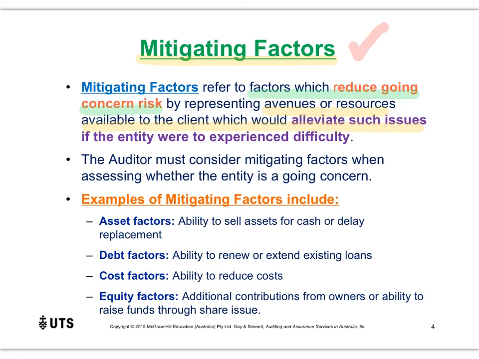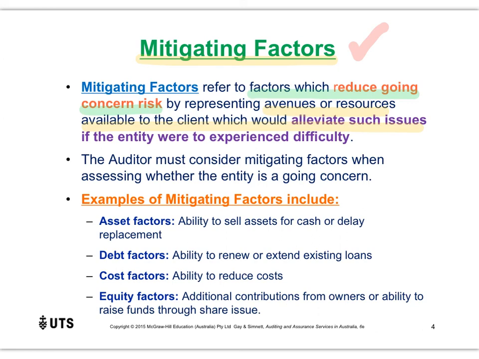Okay, so it's really important to identify going concern issues and uncertainties that we have, but we must also think about and identify, are there any factors, are there any avenues or resources the business has available to it to reduce these pressures, to reduce these going concern risks or issues. Now, what are some examples?